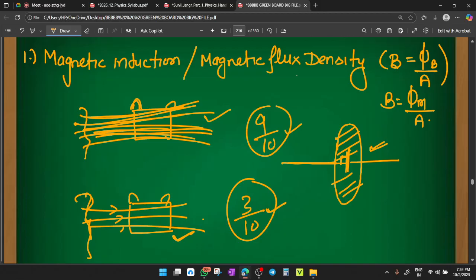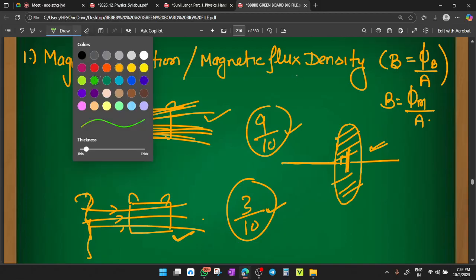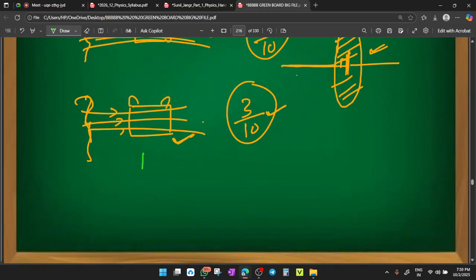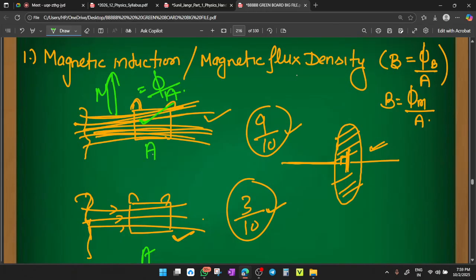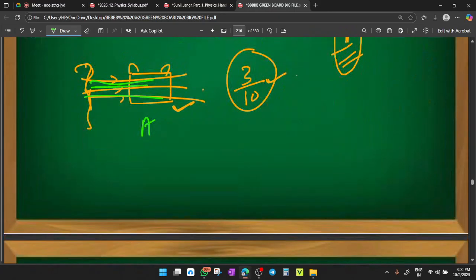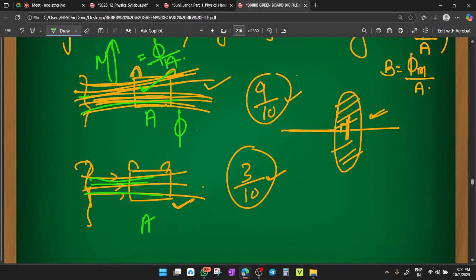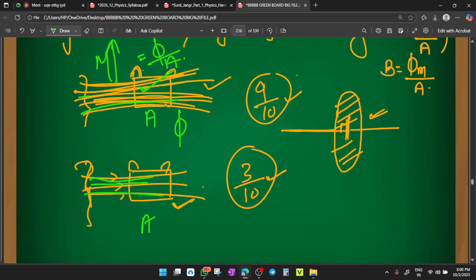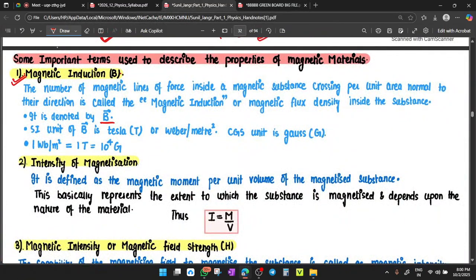This sample is magnetized more, its magnetic intensity is high, because the area for both samples is the same. The student is the same in both cases, but here only 3 lines are passing over the surface normally, and here 9 lines, so the number of flux in the first case is more than the second case. So the magnetic induction for the first sample is higher.